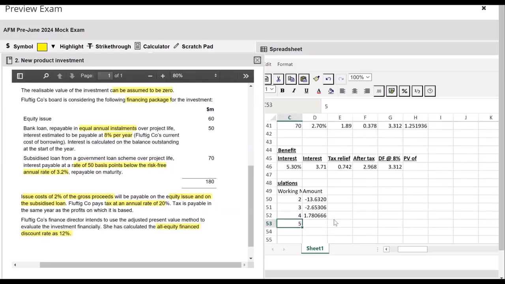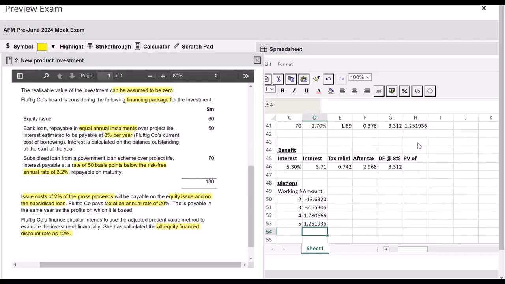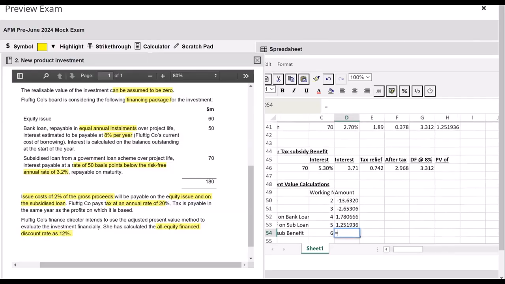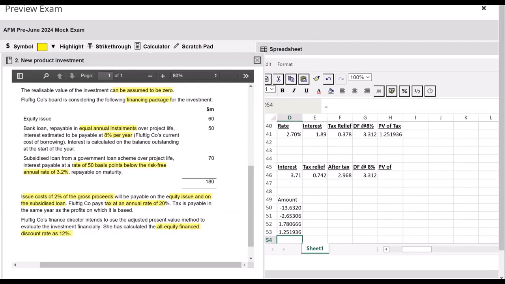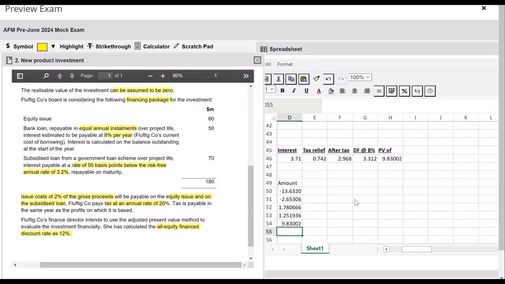Working note number 5, present value of, and the last one, working note number 6, needs to be multiplied this into this. All the cash flows selected.